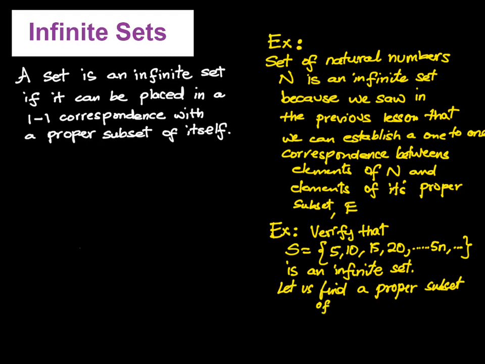Let's find a set T which has elements like 10, 20, 30, 40. It has elements that are in the set S, but it's a subset of S. So S we can write down again: S is 5, 10, 15, 20, 25, 30, 35, and so on.